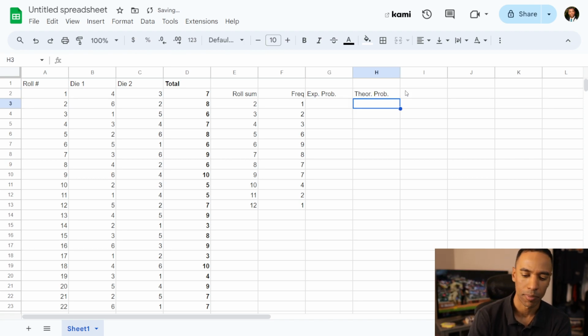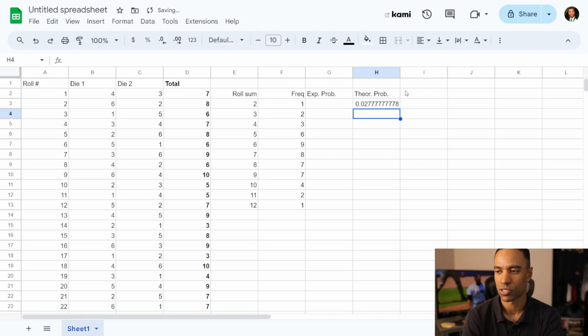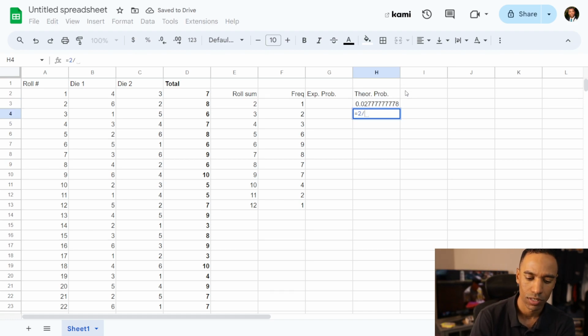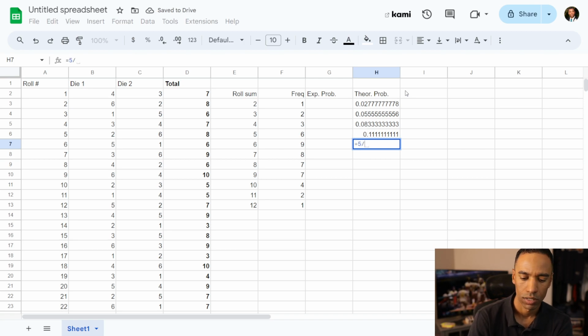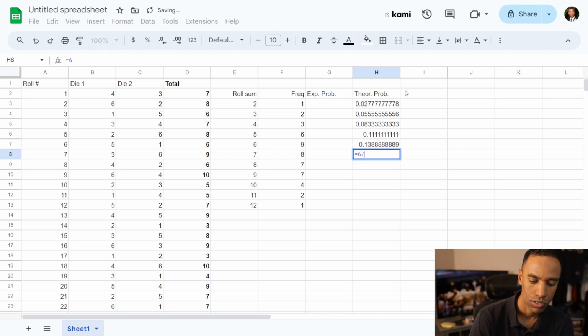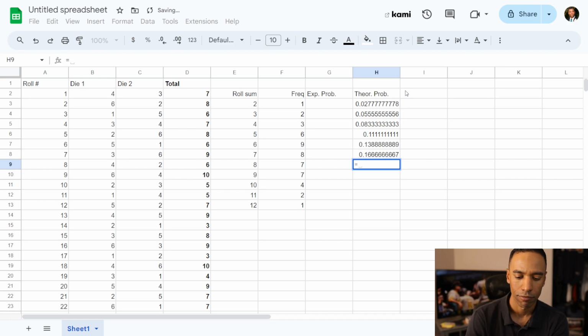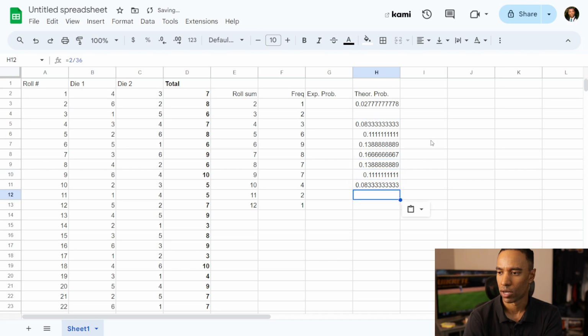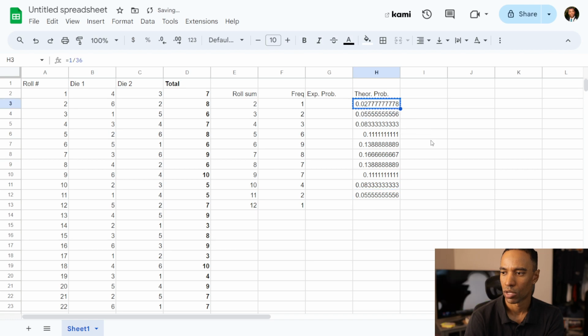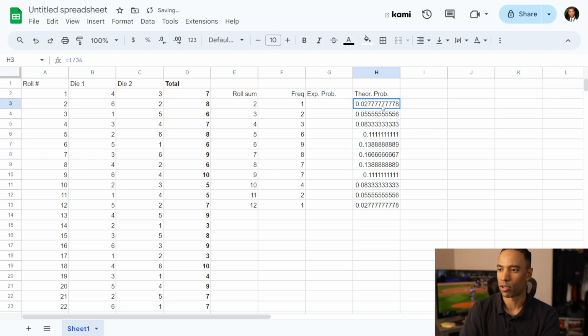So theoretical probability was going to be what? 1 out of 36, 2 out of 36, 3 out of 36, 4, 6 out of 36, and then back 5, 4, 3, 2, and 1. So there were, whoops, did I do cut and paste? My bad. 2 and 1. Okay, those are the theoreticals.